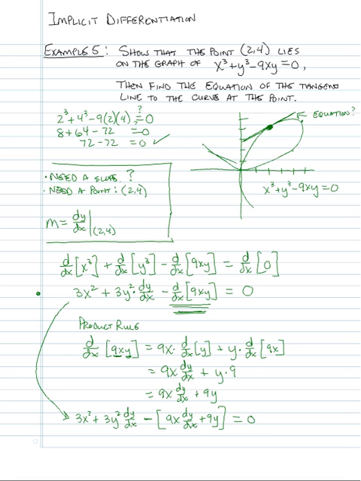Okay, well, let's go to the next page here and see where that puts us. We'll need to distribute that negative sign, and so now we have 3x squared plus 3y squared dy over dx minus 9x dy over dx minus 9y equals 0.